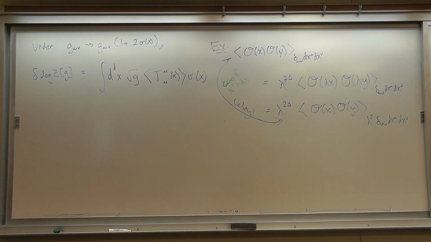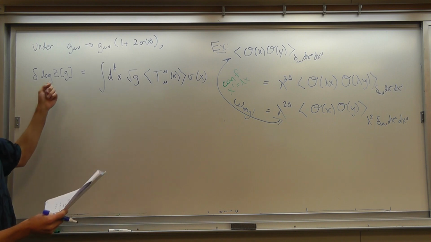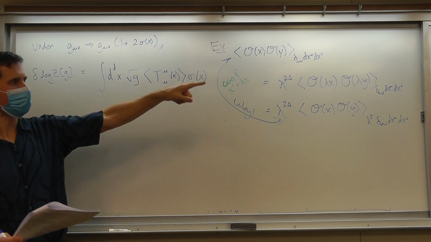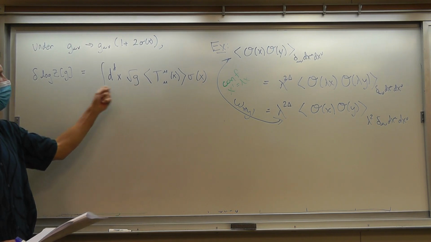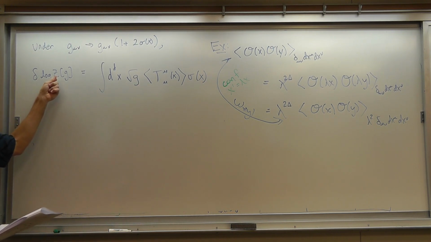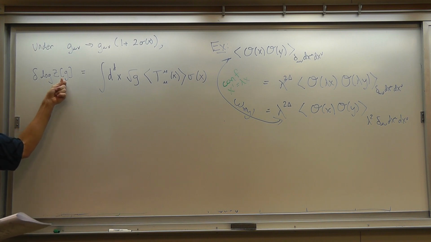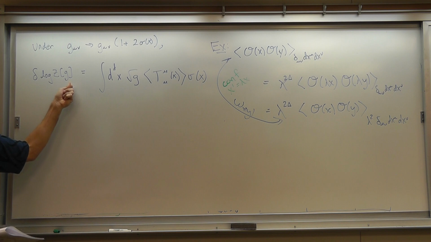And now, using the anomaly, you can take this equation and use it to find Z on a different metric, which is related by a Weyl. Now that's not quite enough to prove our Weyl transformation law because I didn't insert any operators here.